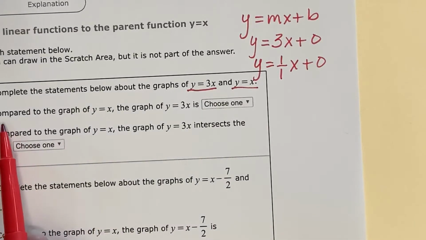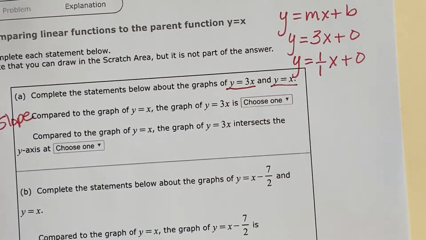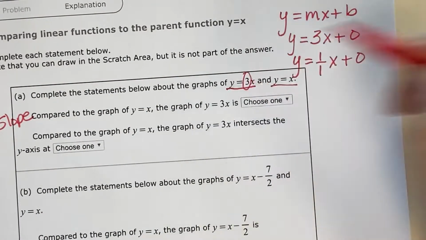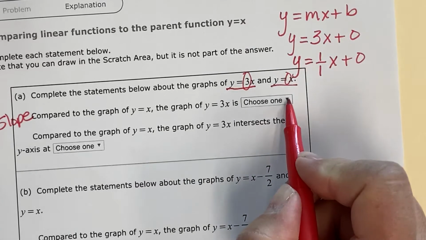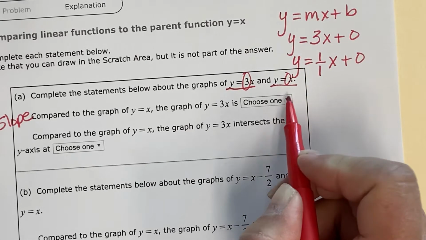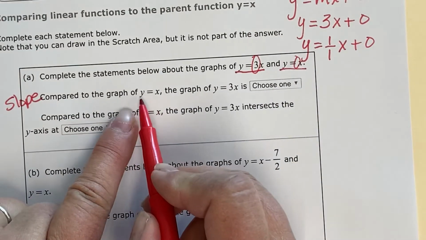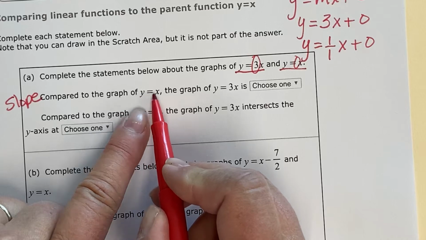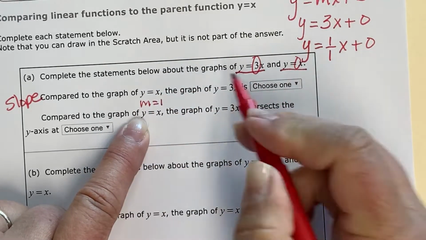So the first question, they're asking you to compare the slopes. This one has a slope of 3. This one has a slope of 1. So when you do this drop down menu right here, which of course I can't do on this piece of paper, this one says y equals 1x. So this one, the slope equals 1.